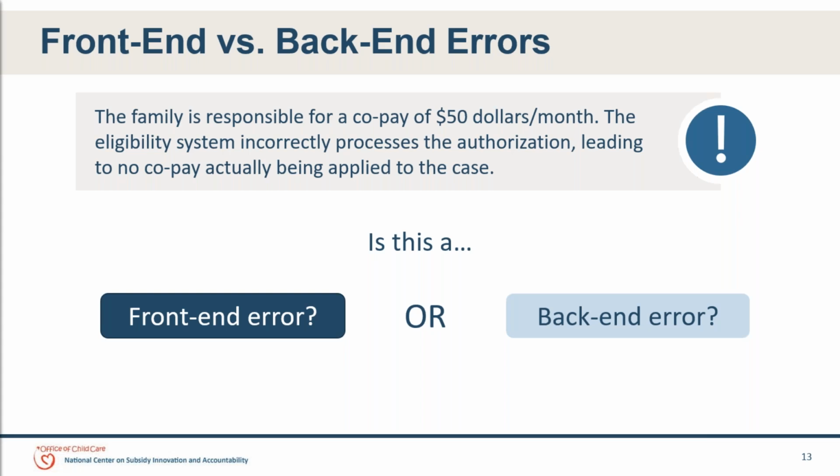And Dana, it sounds like if the payment was corrected, then there would not be an improper payment because it was corrected. Probably depending on your error definitions, it might be a situation where there's an administrative error because of that eligibility system error. But again, it would not be a payment error.